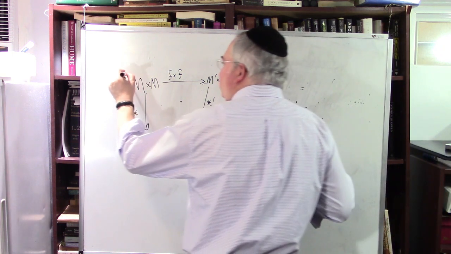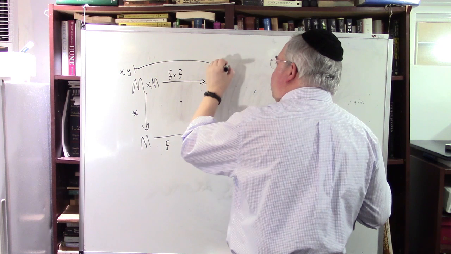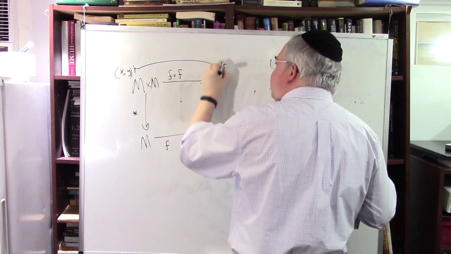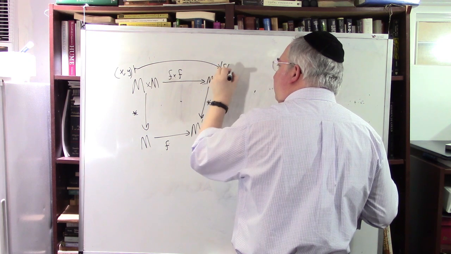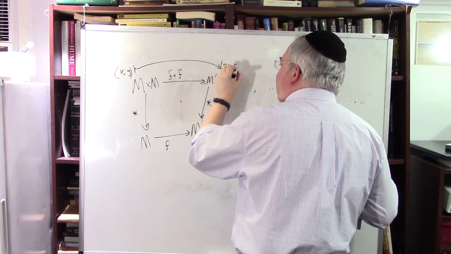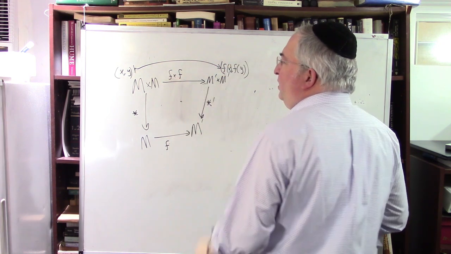Let's do this: x comma y over here. This is an ordered pair within this. This is going to take it to an ordered pair in here, namely f of x comma f of y.